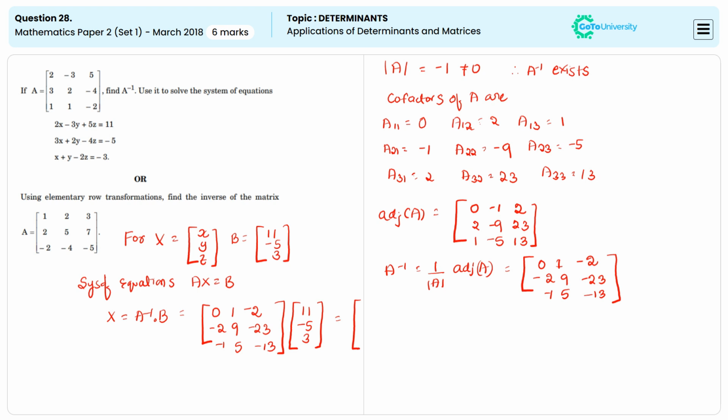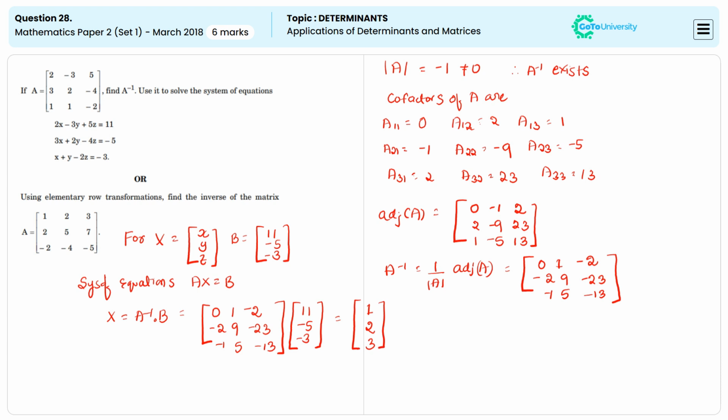That is 0 into 11, 0, plus 1 into minus 5, plus minus 3 into minus 2, plus 6, which will give us 1. And when you multiply the other values, then the second row, first column, you get 2. And third row, first column, you get 3.